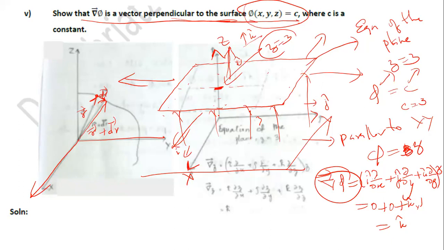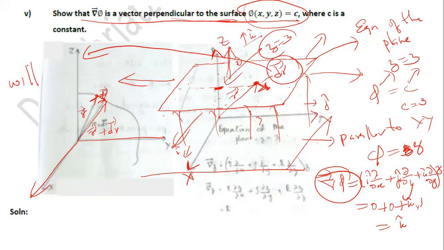Similarly, if you represent any point on the surface using the position vector r, and you move from one point to another point on the surface, the dr vector will lie on the surface of the plane.